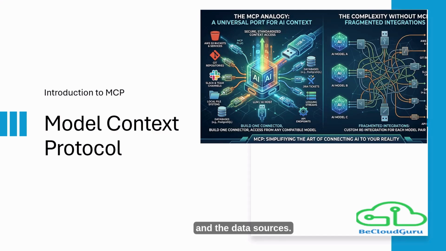If you look at this picture on the right hand side of your screen, you will see if we do not have MCP, the connecting of your AI applications to different data sources or external services would be too messy.